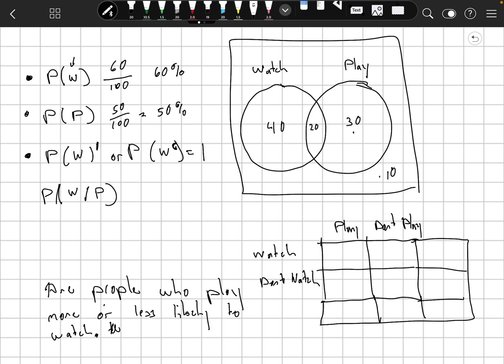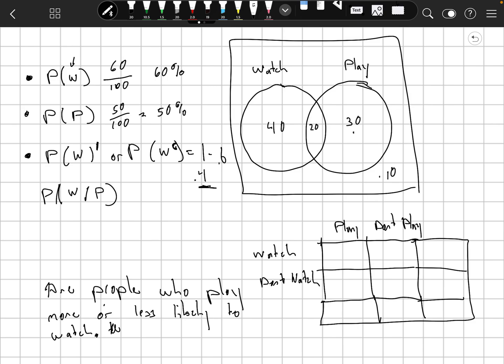Or you could say 1 minus probability of people who watch. 100% minus the 60% is the 40%. So that's how you find the complement of something. It's just the opposite. Remember, you use 100% and subtract what did happen to find what didn't happen. So in this case, it would be 40%.